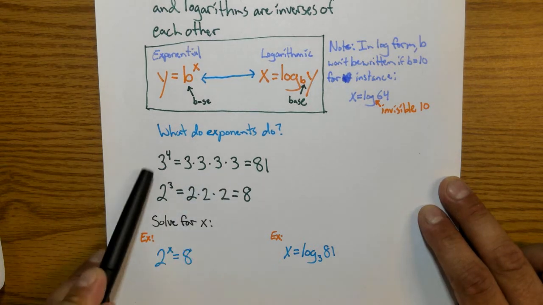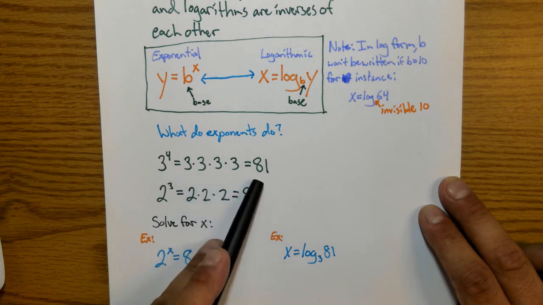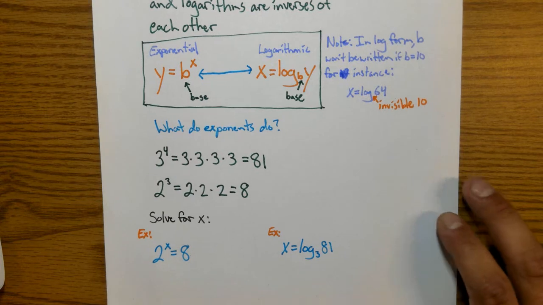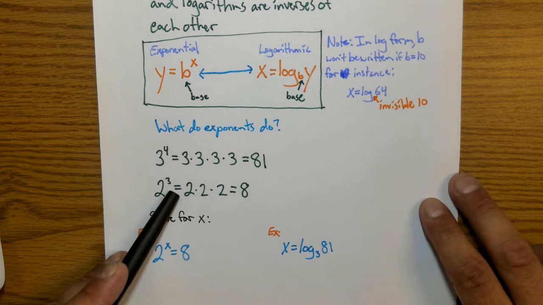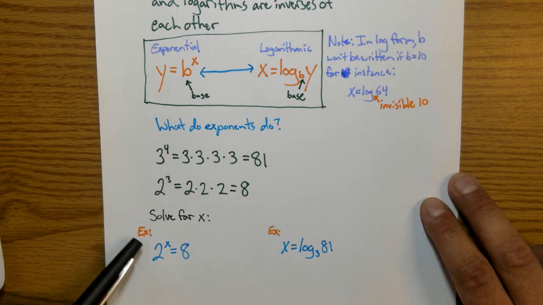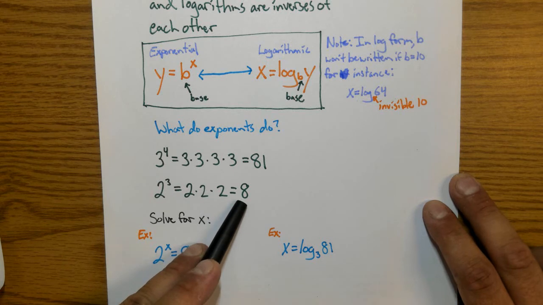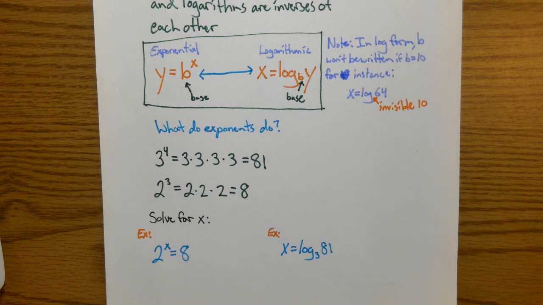That's what 3 to the 4th power is saying. And 3 times 3 times 3 times 3 is 81. Likewise, 2 to the 3rd power is saying raise our base 2 to the 3rd power, multiplied by itself 3 times. So 2 times 2 times 2 is 8. So that's just good review to remember what exponents do.